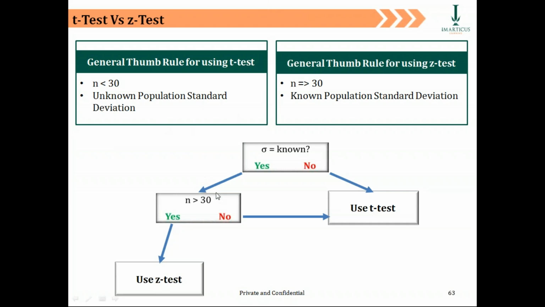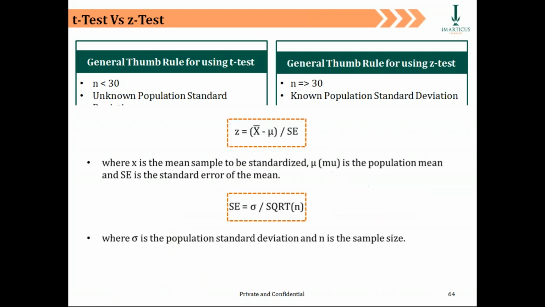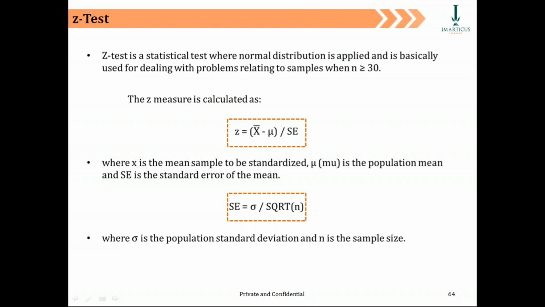Is this slide clear? And this is the formula for the Z test. If you remember, I explained x minus x bar or mu, and then we divide by the standard deviation. So that is one formula. And when you are going to compare with the population, this is how we write the standard deviation divided by the square root of n.